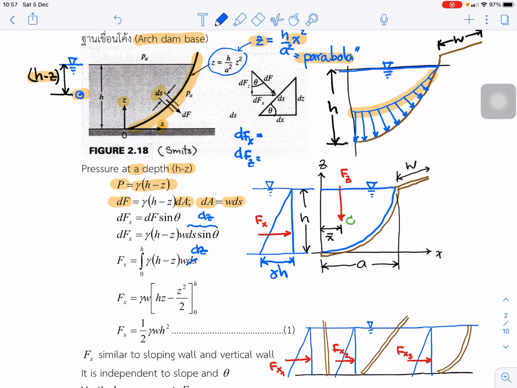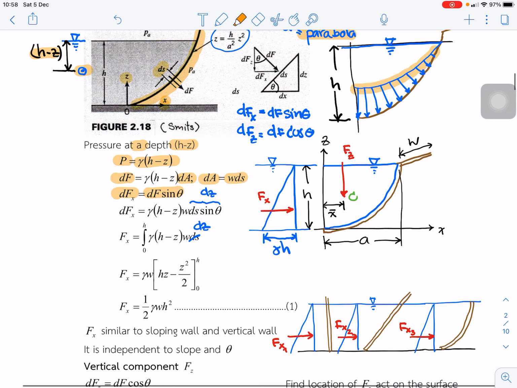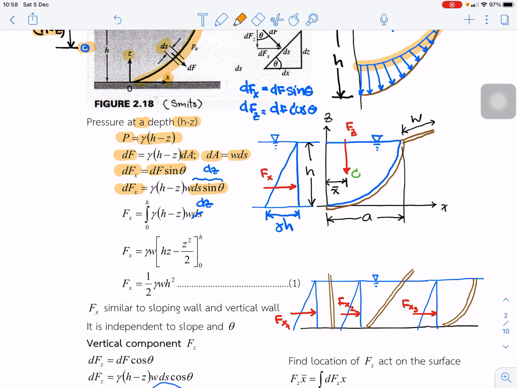So dFx is equal to dF sine theta, and dFz is equal to dF cos theta. So we start at this point: Fx is equal to dF sine theta, and next we substitute dF in this equation, and we got this. For ds sine theta is dz, so we just substitute dz in this equation.